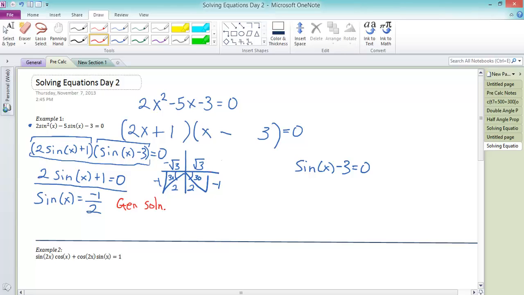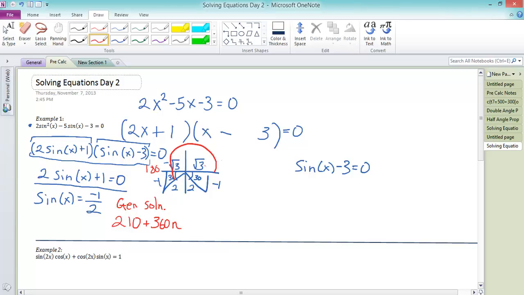I need to figure out what this reference angle is. So that'd be 180 plus 30, which is 210. Now, 210, and I need all coterminal angles with 210. So in order to get a coterminal angle with sine, I need 210 plus 360n.